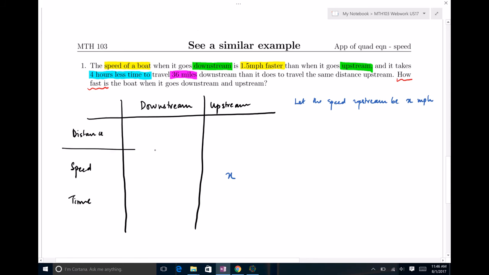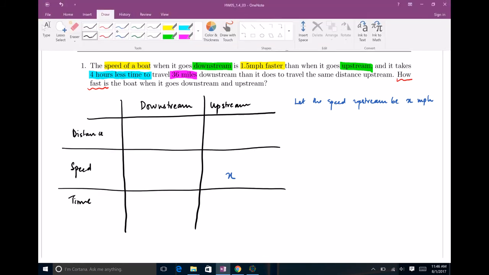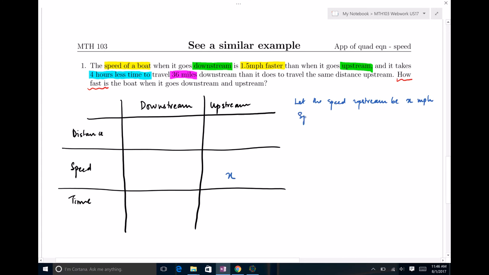Let's make some more columns to make this less confusing. I also know that the speed of the boat downstream is 1.5 miles per hour faster, right? So the speed downstream, if the speed upstream is x, will be x plus 1.5. So I can fill in this column too, x plus 1.5.